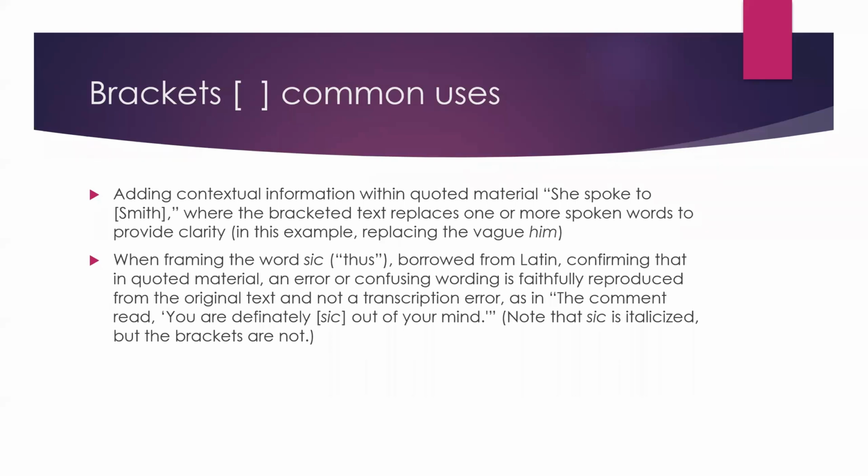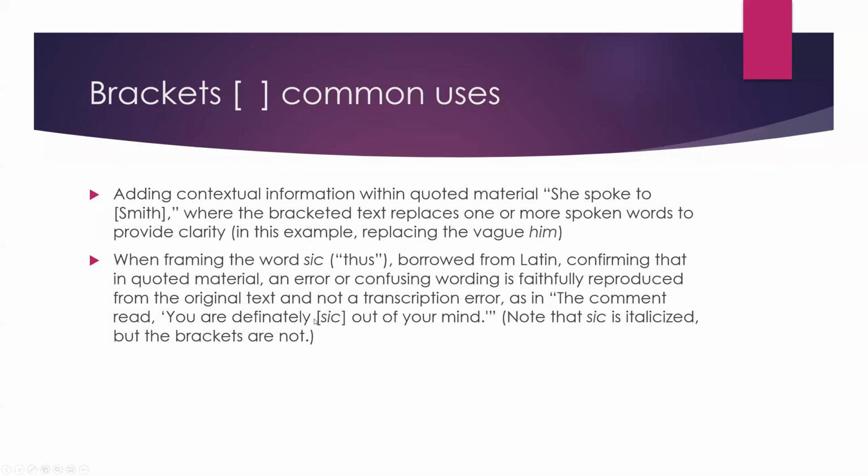If you see this word, which comes from Latin, then it means that the error was not made by the editor or someone who transcribed that text. The error was made by the original author. So in order to clarify that, you add this word between brackets.